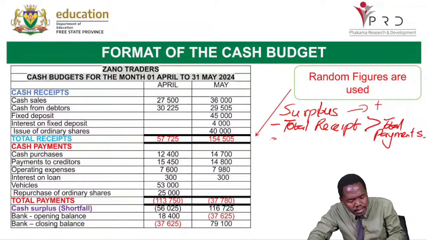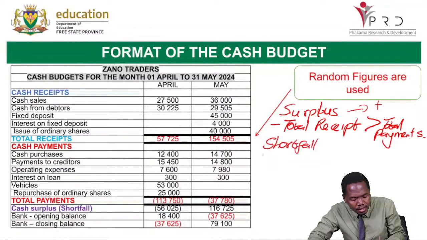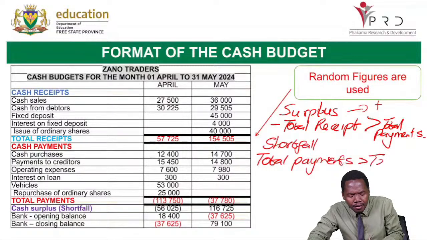Now, when does it become a shortfall or shortage? It is when your total payments now are bigger than your total receipts.